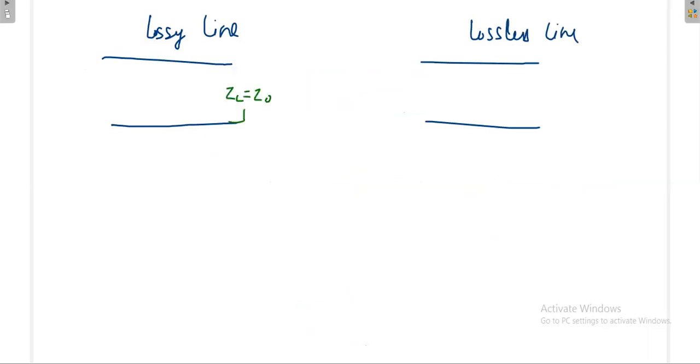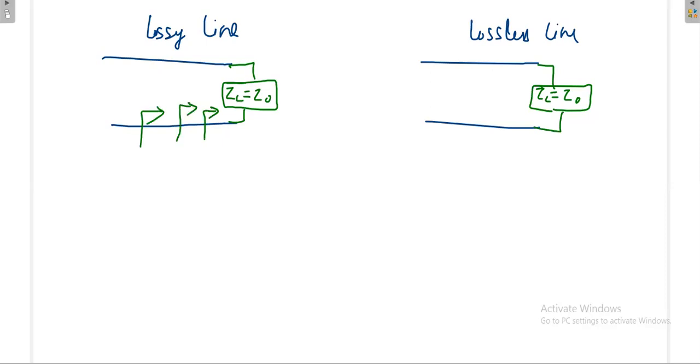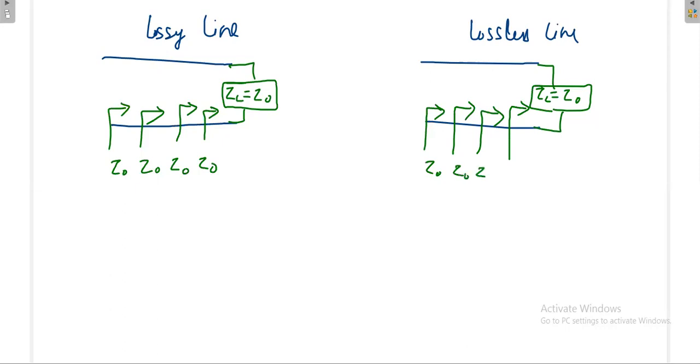If you terminate ZL with Z naught, whatever may be the nature of the line, and wherever you measure the impedance, say here, it is always Z naught. You measure anywhere on the transmission line, your impedance remains the same irrespective of the nature of the line.